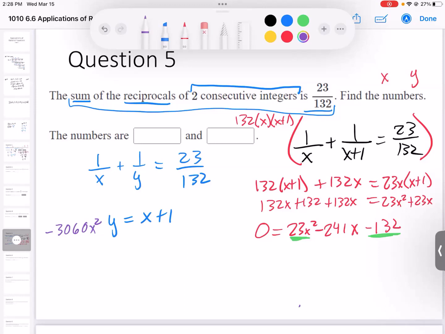What's 3060 divided by 3? Or no, maybe do 30. 102. Okay, so that's too big.